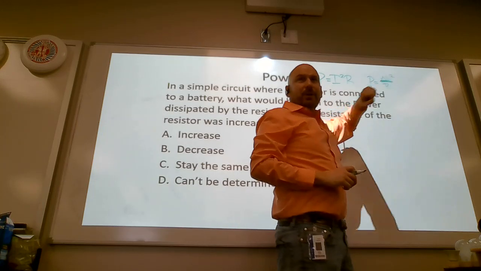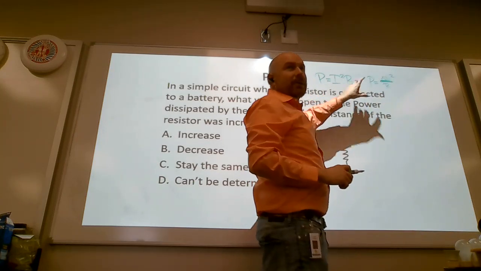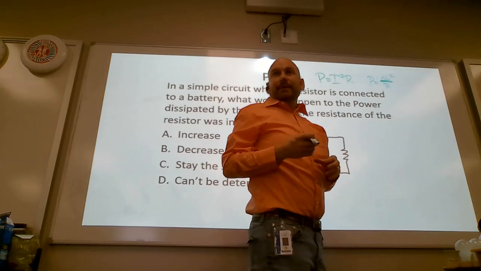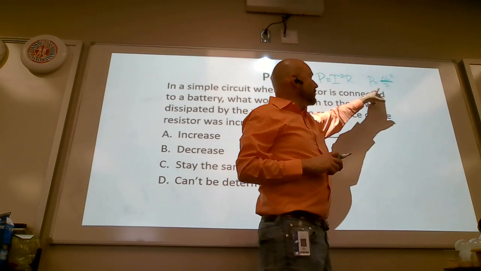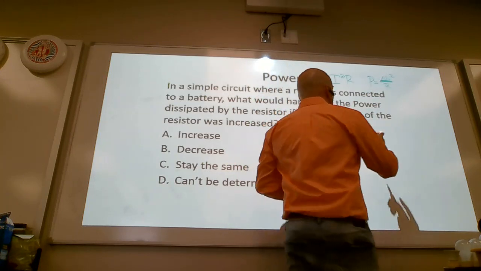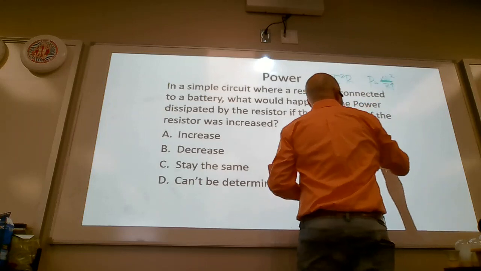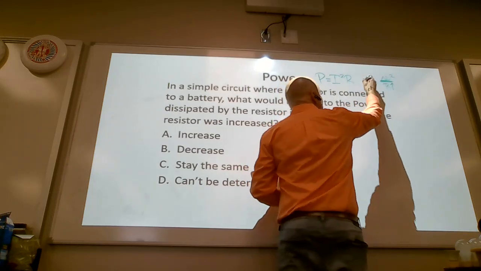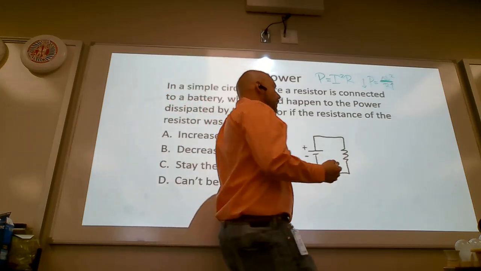If I change that, that's going to change, because this is being held still. If I have three variables that can all change, I don't know. Does that make sense? Okay, so I'm going to use this equation. And so if the resistance is going up, what's going to happen to the power? Decreases. Mathematically, that's how you do it.